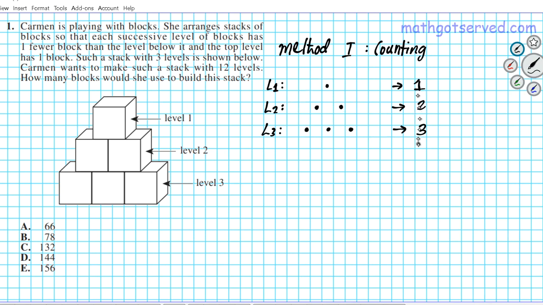So the number of blocks present in each level is basically the consecutive numbers. You're counting 1, 2, 3, your consecutive numbers. So if we follow the pattern all the way down to level 12, what do you expect there to be? You're going to have 1, 2, 3, 4, 5, 6, 7, 8, 9, 10, 11, 12.